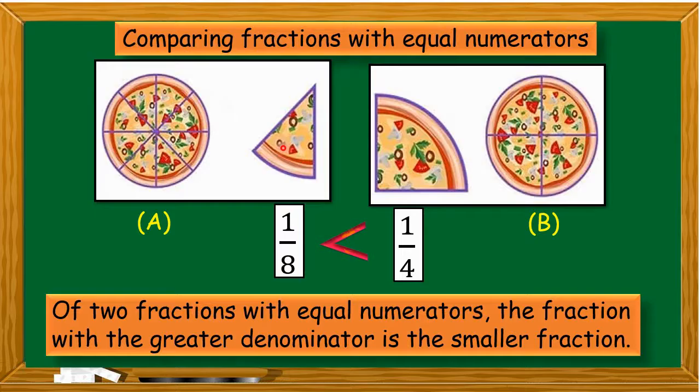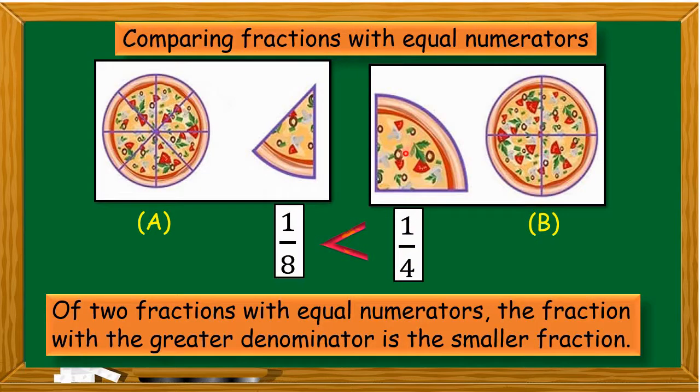As the pizza in figure B is divided into less number of parts, that is 4 parts, the size of the piece is bigger. So we can say that larger the denominator, smaller the size of the piece. And smaller the denominator, the larger the size of the piece.